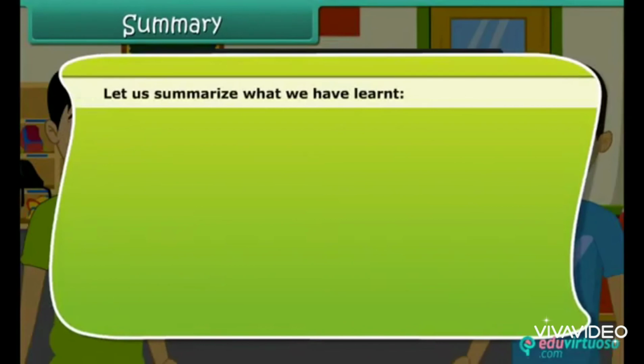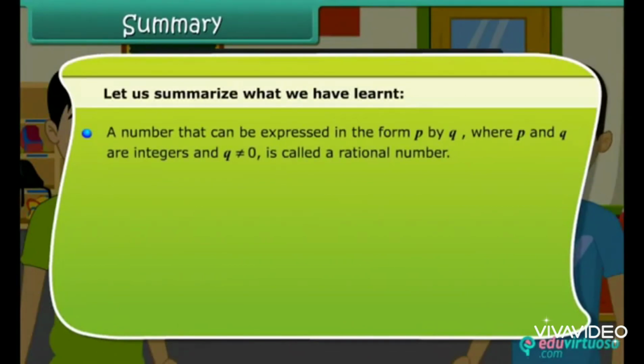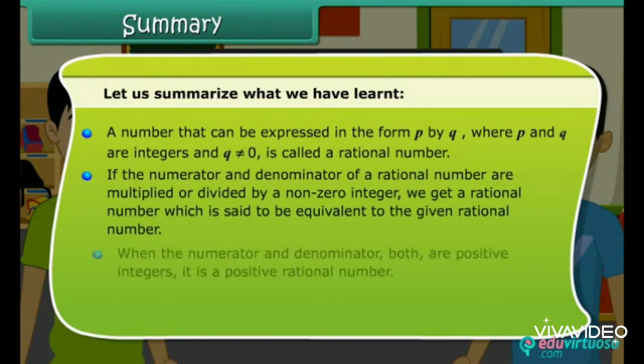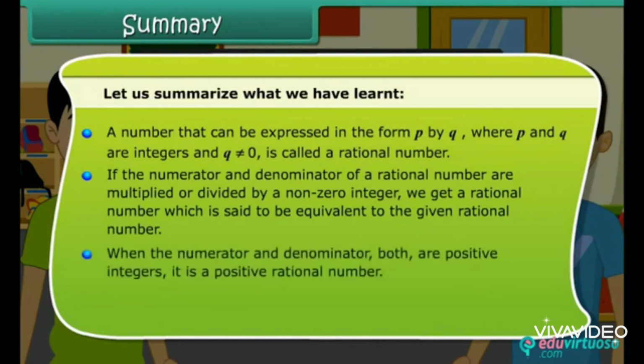In summary, a number that can be expressed in the form p by q, where p and q are integers and q is not equal to 0, is called a rational number. If the numerator and the denominator of a rational number are multiplied or divided by a non-zero integer, we get a rational number which is said to be equivalent to the given rational number.